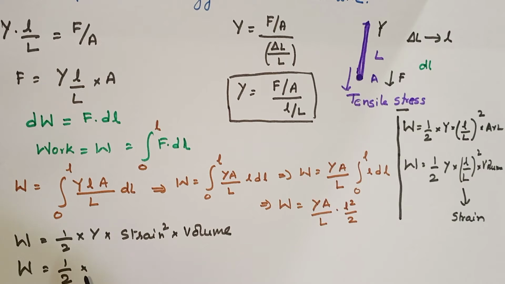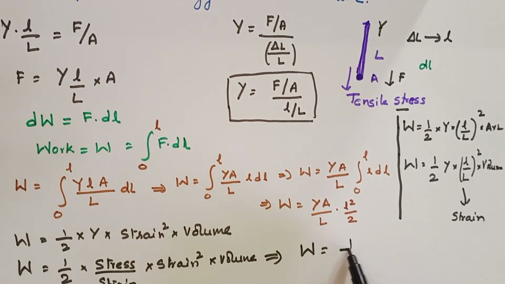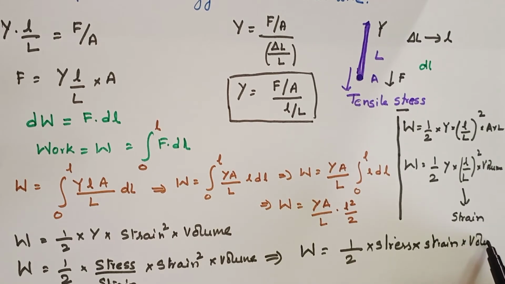What is that actually? Young's modulus means stress by strain, into strain square, into volume. So work is equal to half into stress into strain into volume.